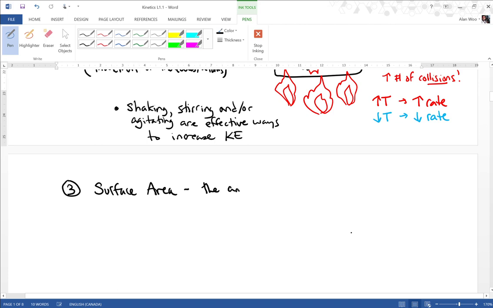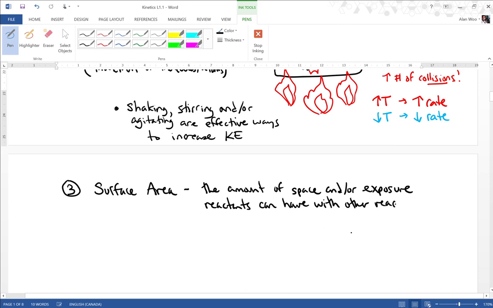It's the amount of space and or exposure reactants can have with other reactants. So that last bit is for the chemistry definition of surface area.